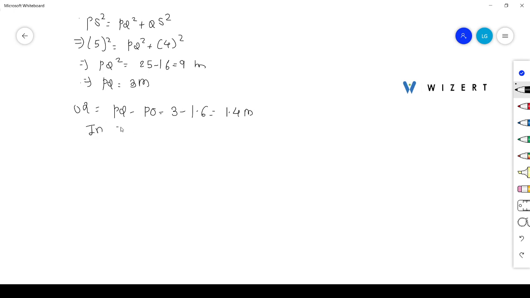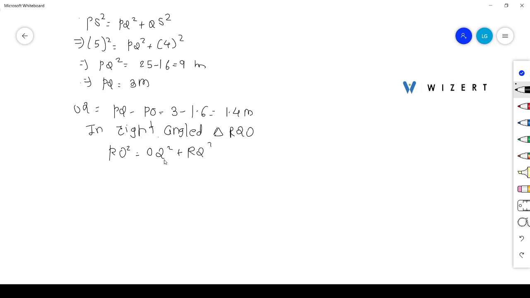Also in right angle triangle RQO, here RO square equals OQ square plus RQ square.